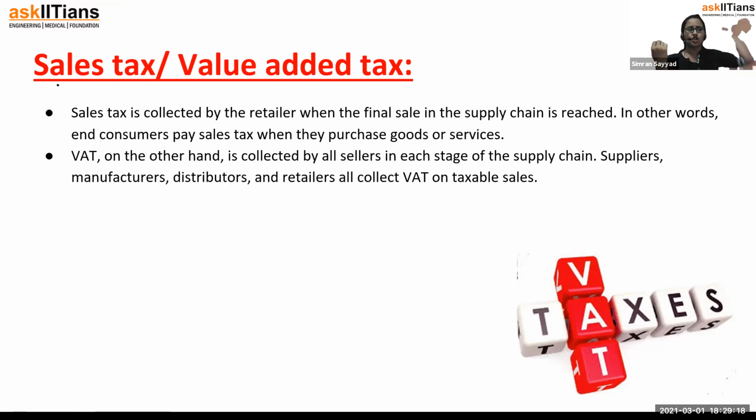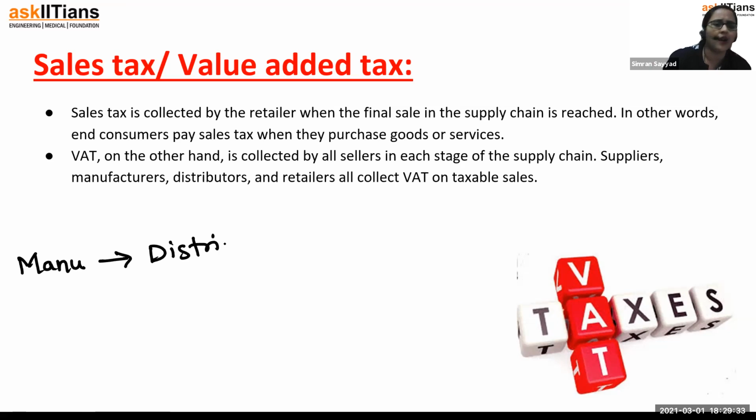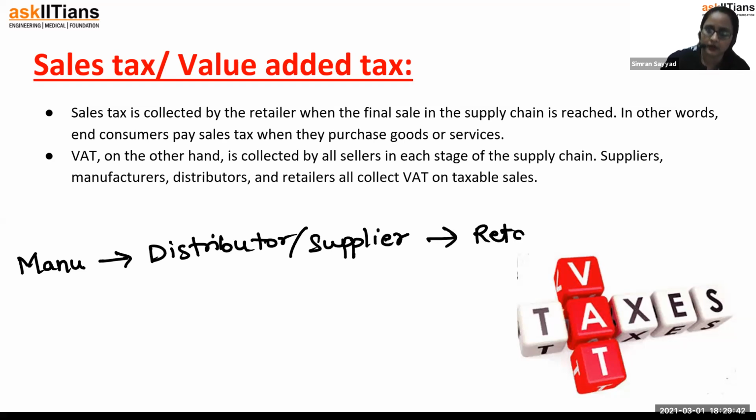So basically, there is a manufacturer first of all. He manufactures. Then it can be the distributor or a supplier. Then comes the retailer.